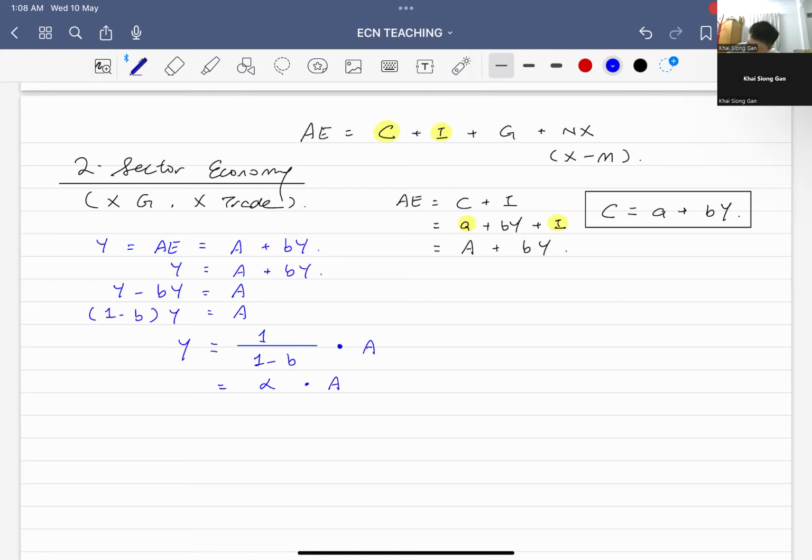Here you can see the first formula of the multiplier has been derived, in which the multiplier formula for the two-sector economy is 1 over 1 minus b. So that is the first formula.